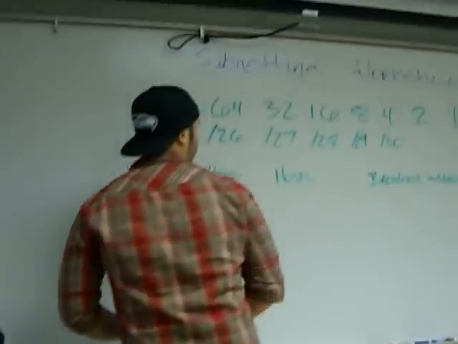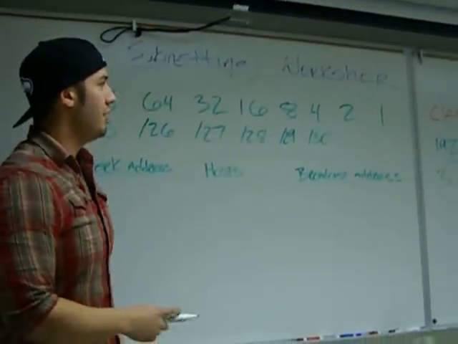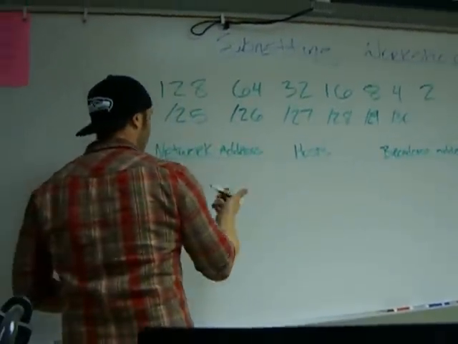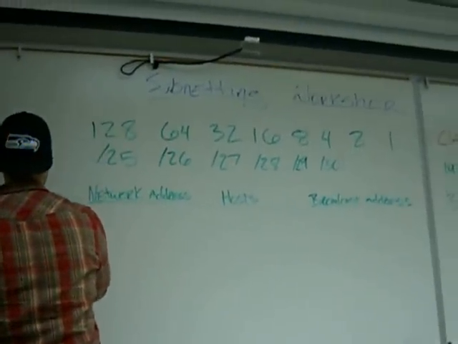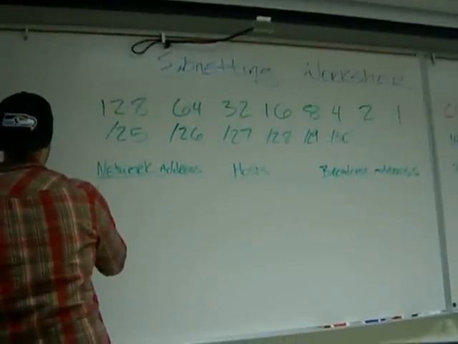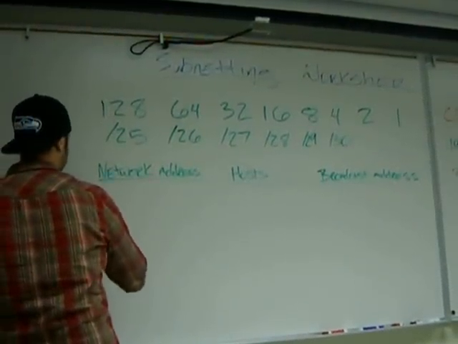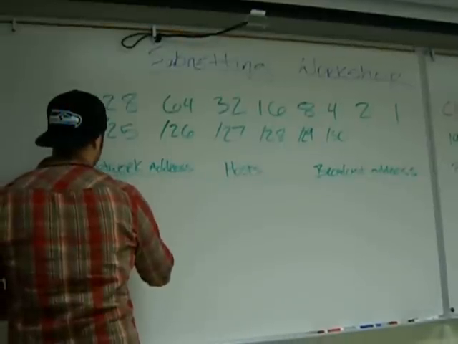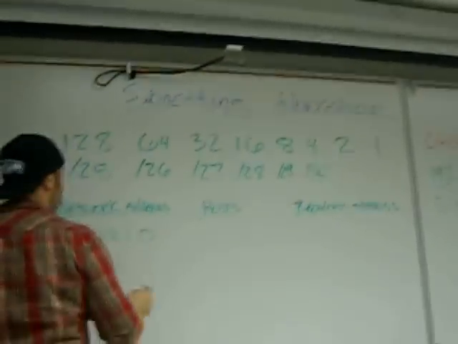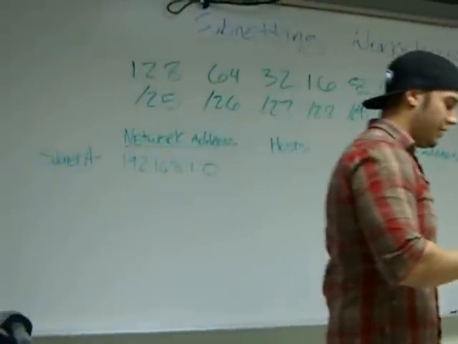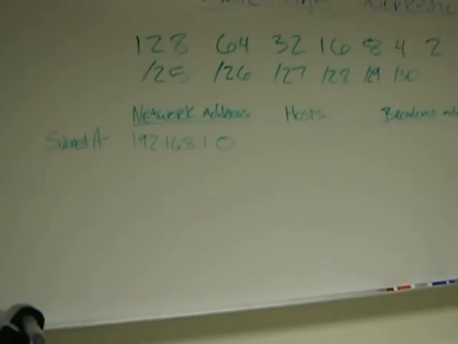So, like I said, let's say Mr. Dillon gave us 192.168.1.0. So the first subnet, we'll go ahead and just call it subnet A. It's going to be 192.168.1.0. And he wants 50 hosts on them. When it comes to subnetting, you can only go over.